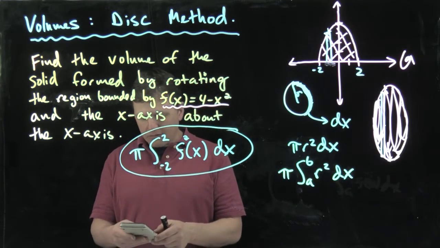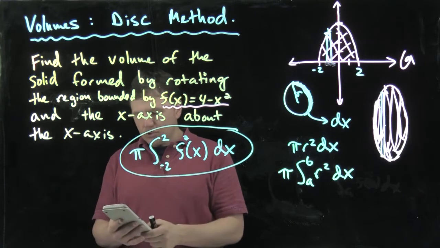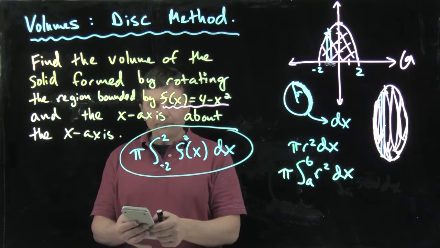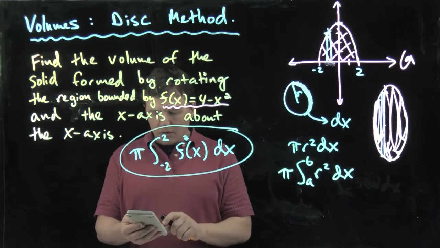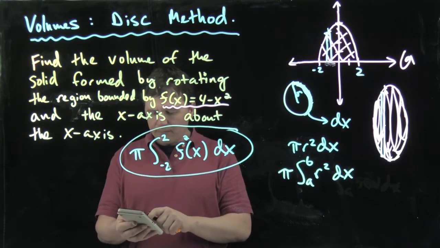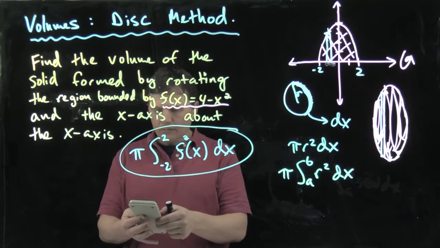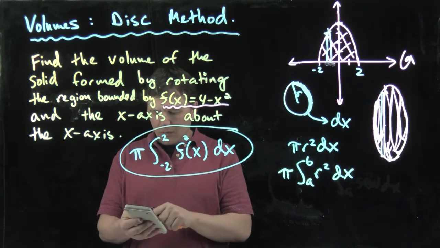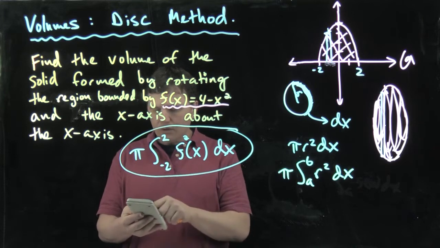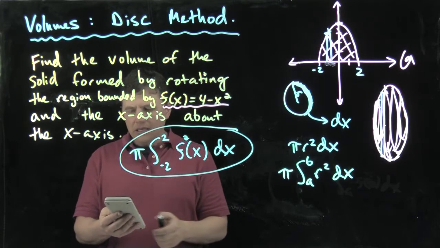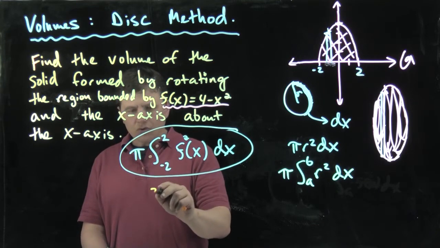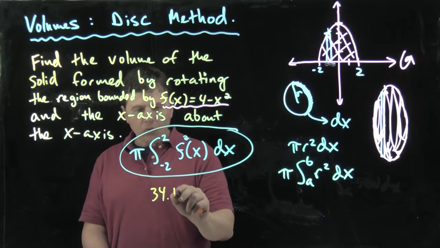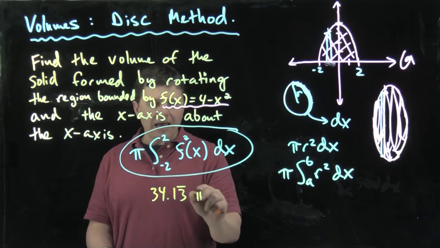So let's see, Math 9, -2 to 2. Let's put our function in there, 4 minus x squared. And I want to square that thing. And then x, and I get 34.13 repeating. So that's 34.13 repeating pi.